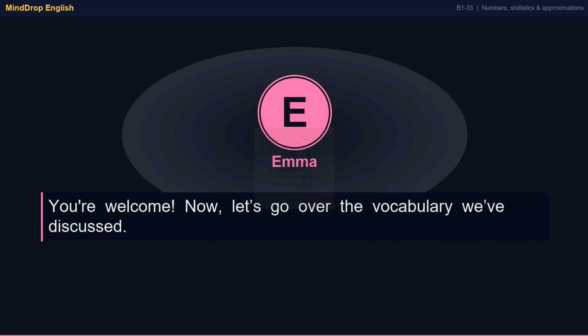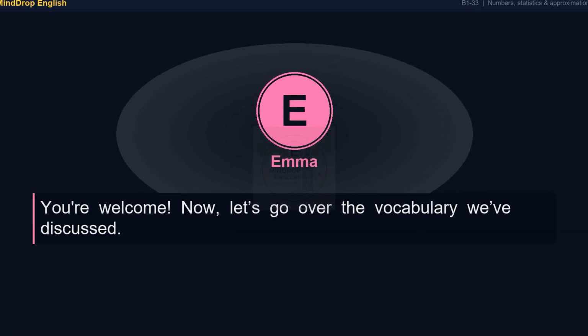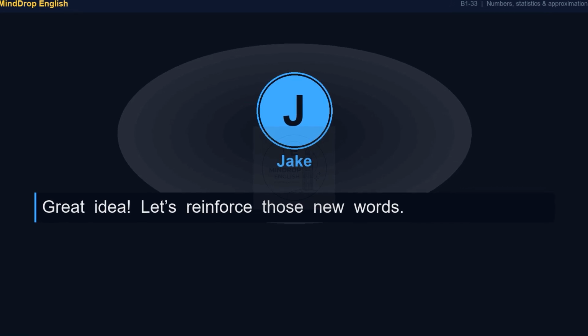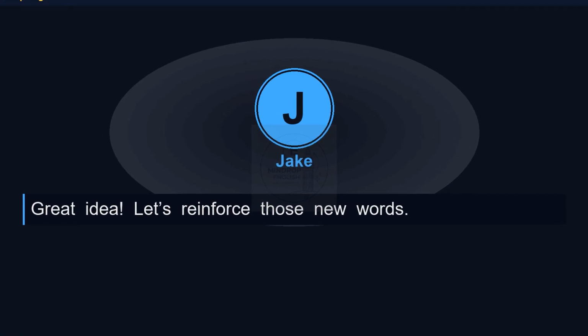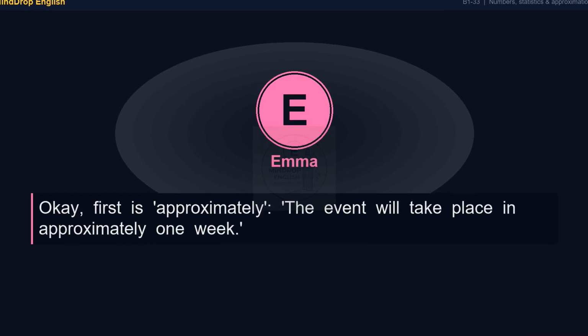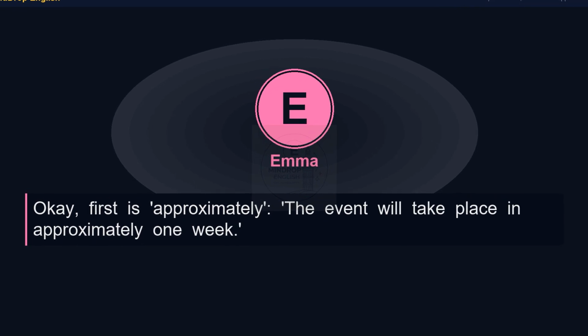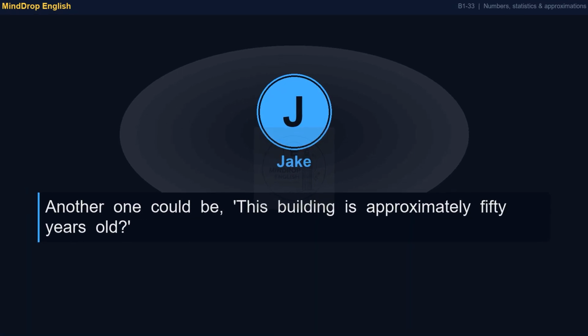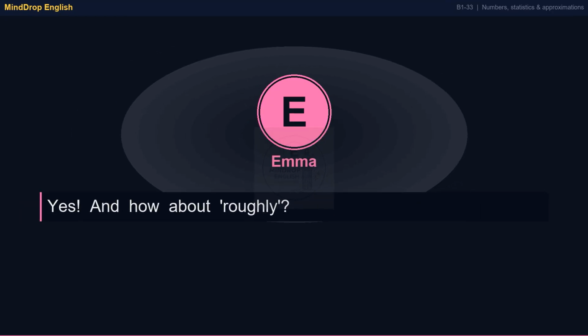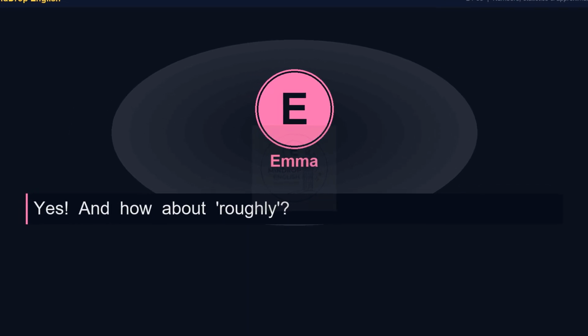These examples clarify a lot. Thank you. You're welcome. Now, let's go over the vocabulary we've discussed. Great idea. Let's reinforce those new words. Okay. First is approximately. The event will take place in approximately 1 week. Another one could be, this building is approximately 50 years old. Yes. And how about roughly?